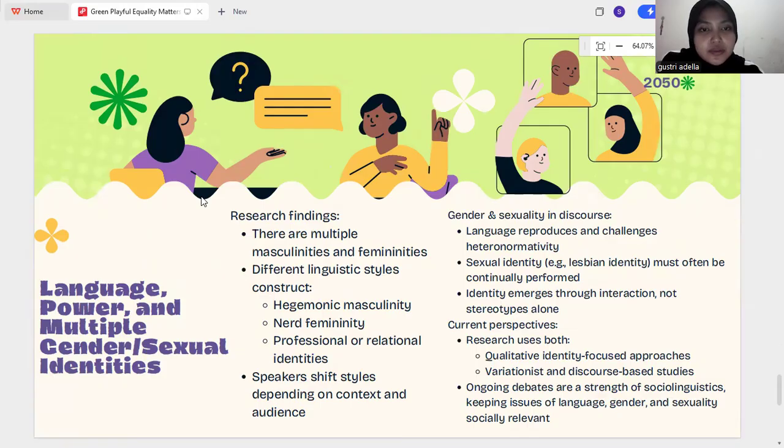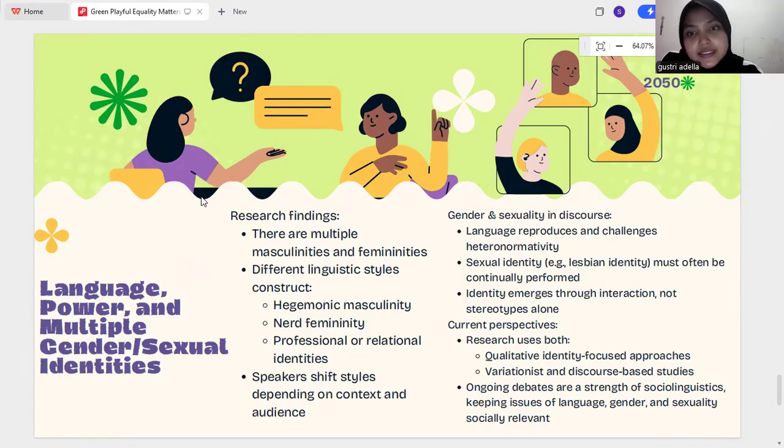Different linguistic styles construct hegemonic masculinity, nerd femininity, and professional or relational identity. So speakers shift their language style depending on the situation and audience. Language can both reproduce and challenge social norms, including heteronormativity.